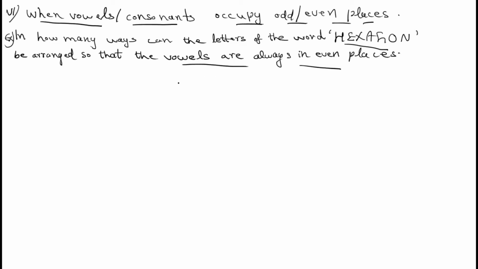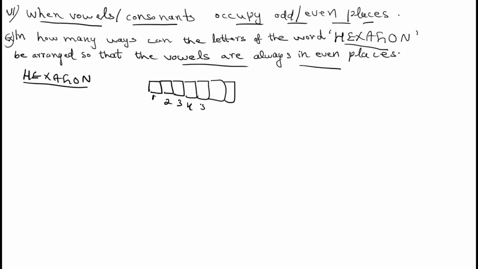Consider that word, HEXAGON. How many letters are there? 3 plus 3, 6 plus 1, 7. 1, 2, 3, 4, 5, 6, 7. Here one even place is there, here another even place, and here another even place. So how many even places are available for vowels?